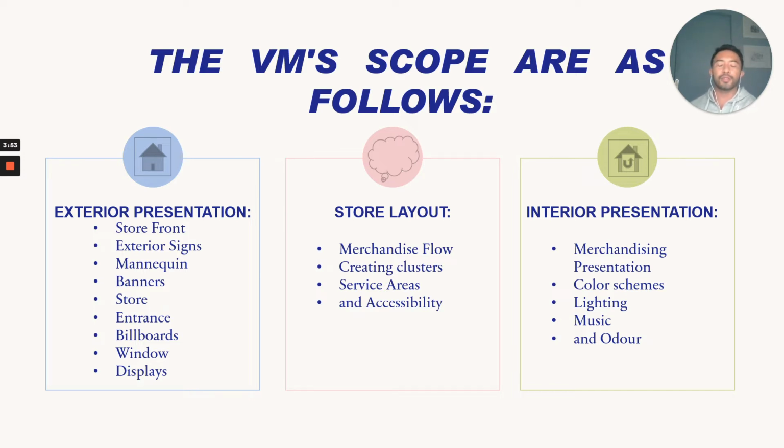Lighting can also even include music, and it can even include the odor of the store. So these involve the different senses, not just the visual, but even auditory and olfactory.